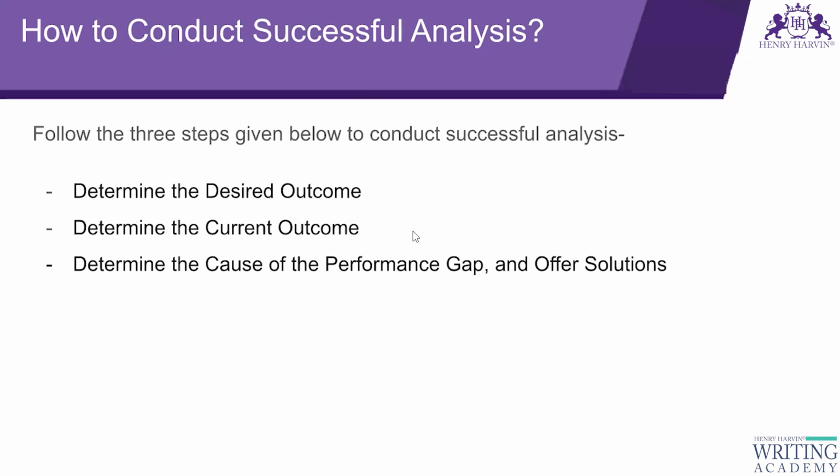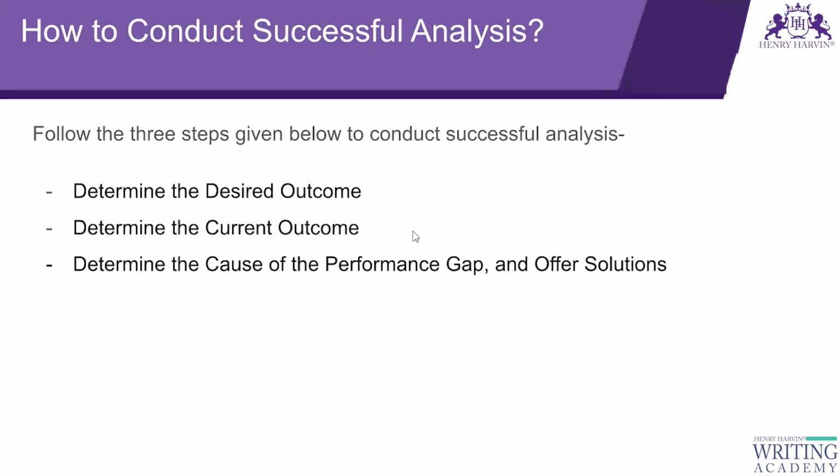First, you need to understand what my desired outcomes will be after this training. Second, what is my current outcome? I have to identify that. Next, I need to identify the cause for the performance gap.